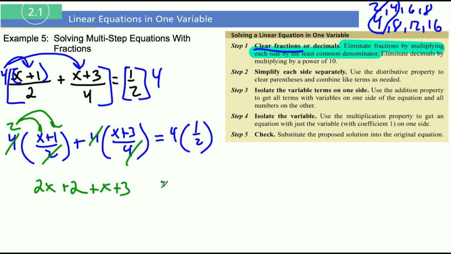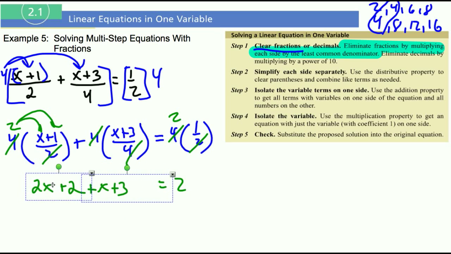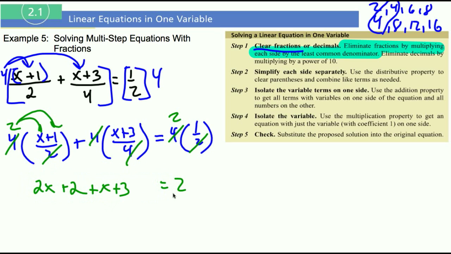Line up your equal sign, and then 4 times a half. So 2 goes into 4 2 times. So 2 times 1 is 2. Alright, so that was step 1, which is clear the fractions.